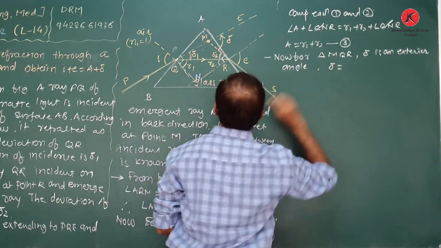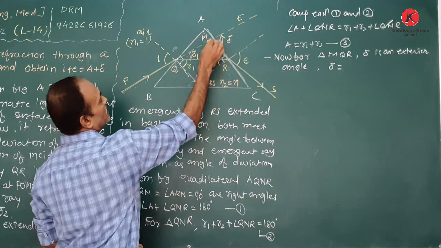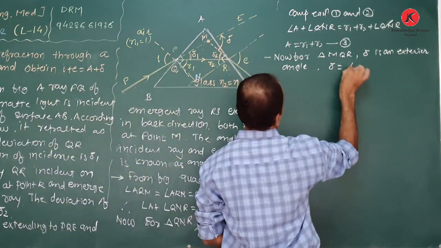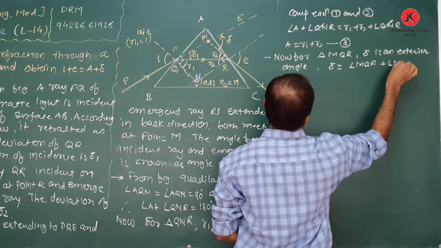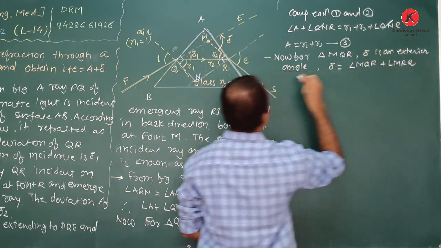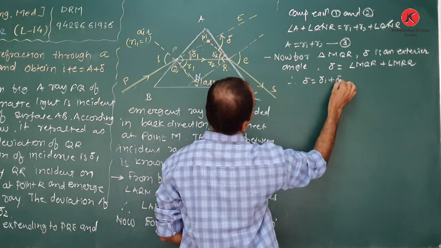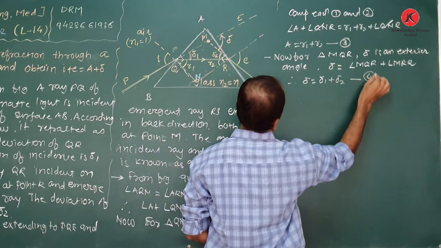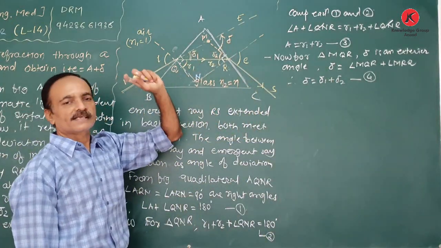Therefore, delta is equal to the addition of angle MQR plus angle MRQ. That means delta is equal to delta 1 plus delta 2, equation 4.